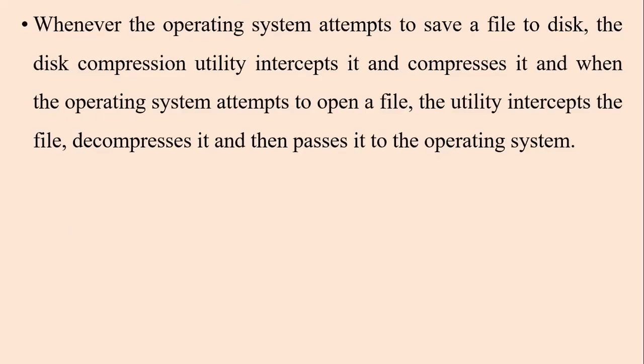Whenever the operating system attempts to save a file to disk, the disk compression utility intercepts it and compresses it. And when the operating system attempts to open that file, the utility intercepts the file, decompresses it, and then passes it to the operating system.